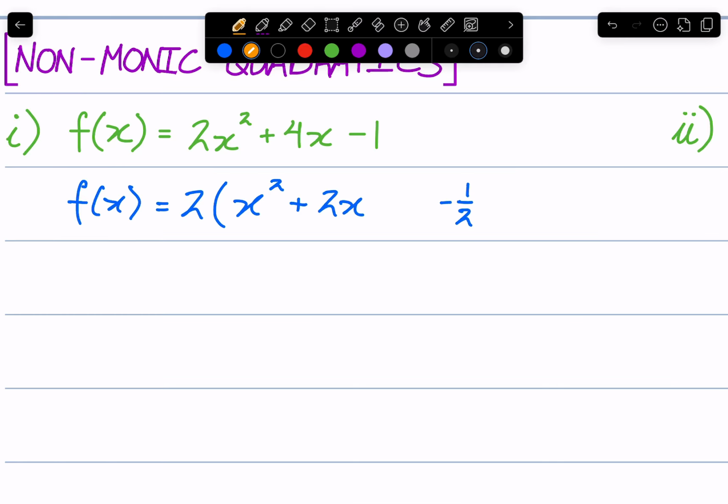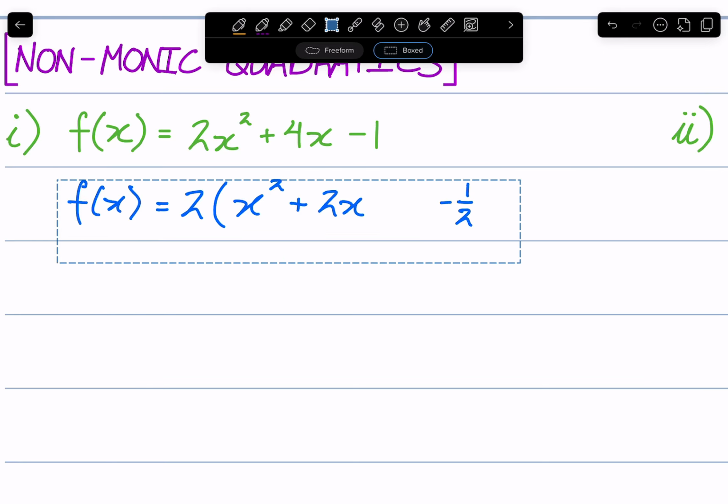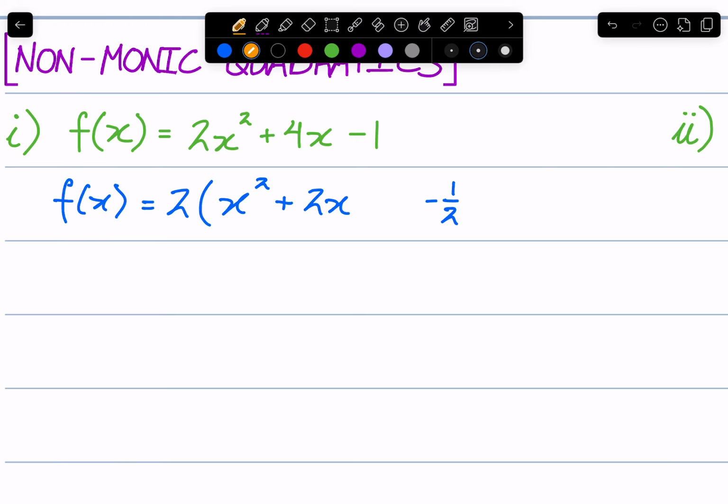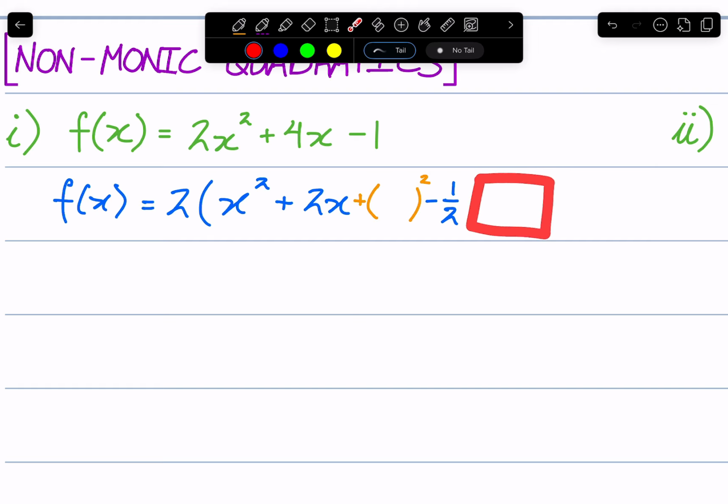Now, when it comes to completing the square, remember we're adding something squared. And normally we might add it to the other side, something squared. But in this instance, since we are completing the square on the same side of the expression, we're going to immediately subtract something squared.